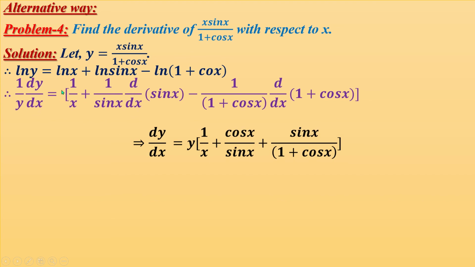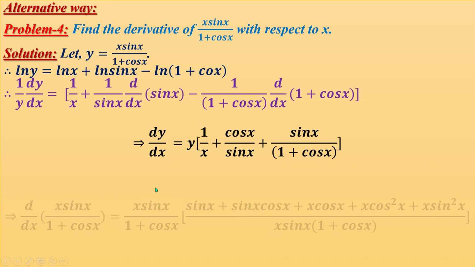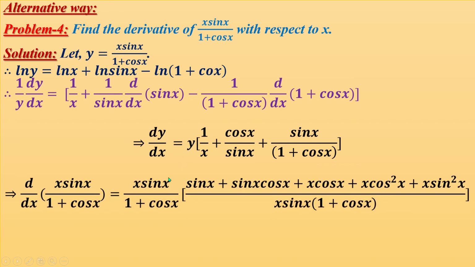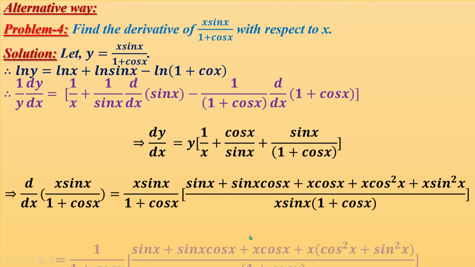Same first multiplication y into this, but y is equal to what? y is equal to x sin x divided by 1 plus cos x, and the other part the same. Just before, in the math we used the formula directly, and here we use logarithm on both sides, and the remaining part is all the same as the earlier math. Okay, same to same.